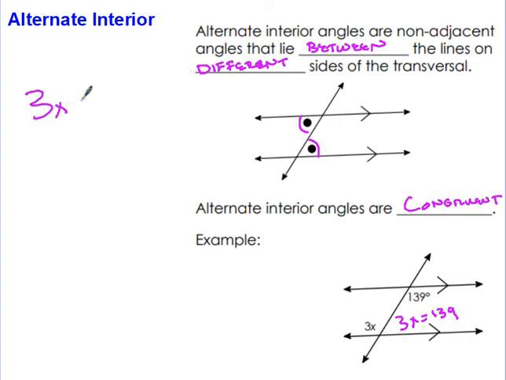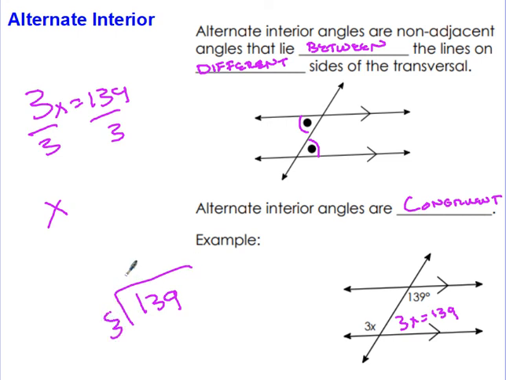That's my quick one-step equation. 3x equals 139, so I'm just dividing by 3 on both sides. 139 divided by 3, I'll get a decimal, 0.3 repeating. So you should have gotten 46.3.